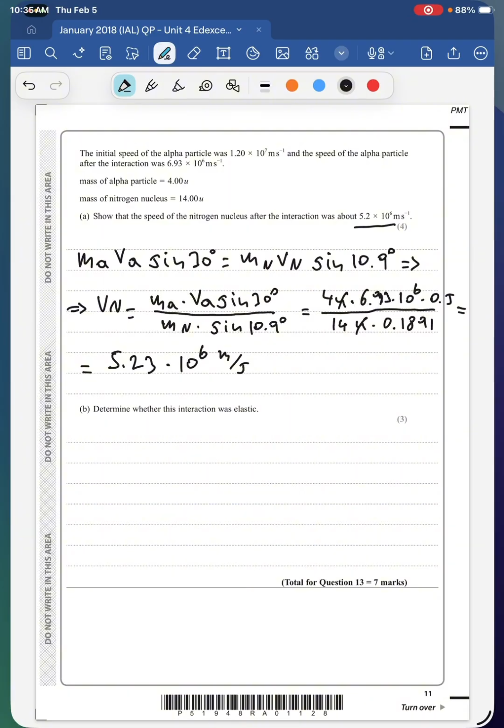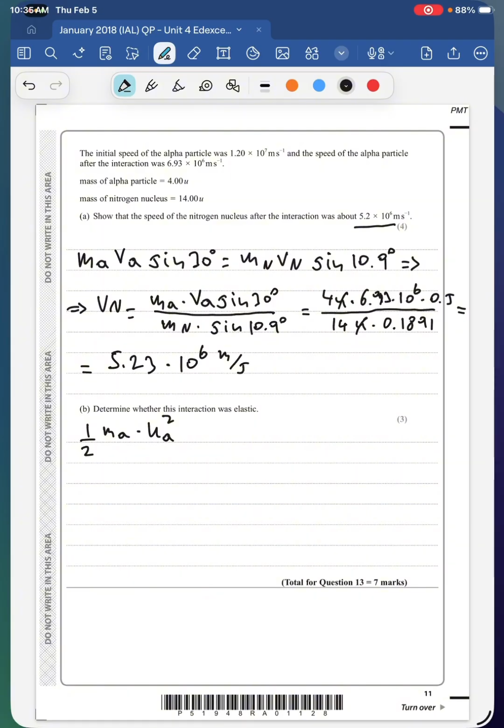Now part B, determine whether this interaction was elastic. So we need to find 1/2 m_a times u_a squared, where u_a is the initial speed of the alpha particle, squared.